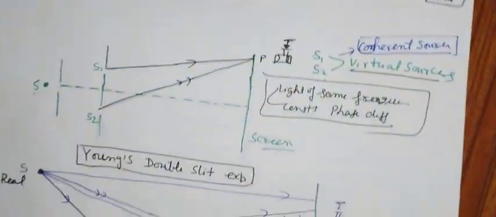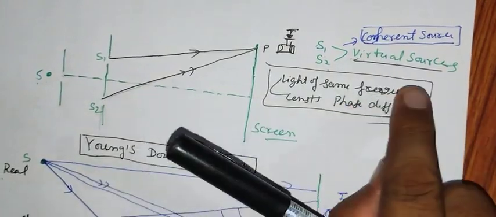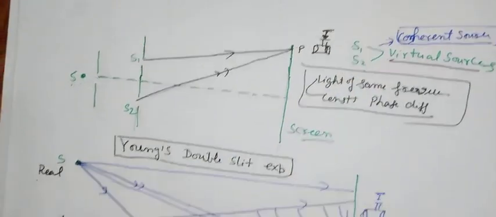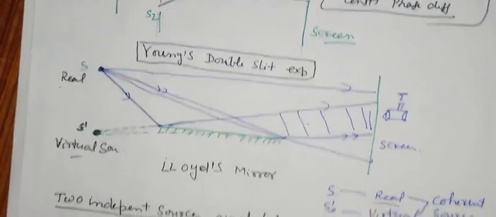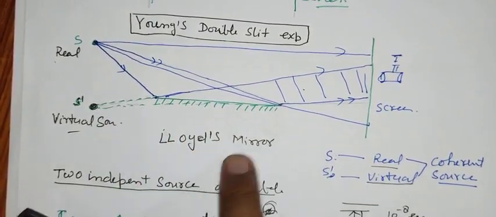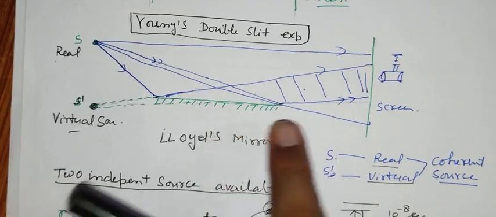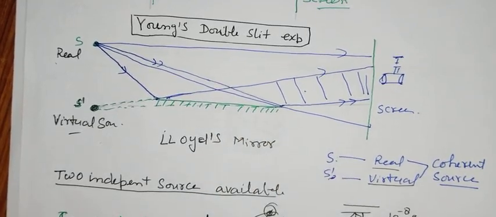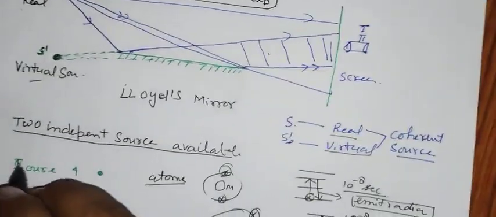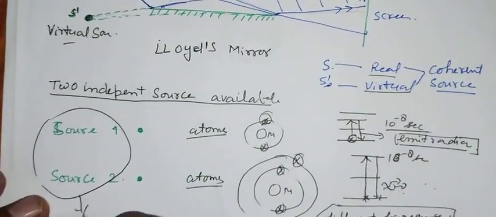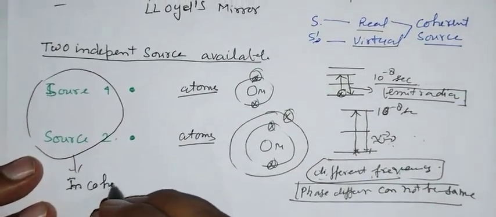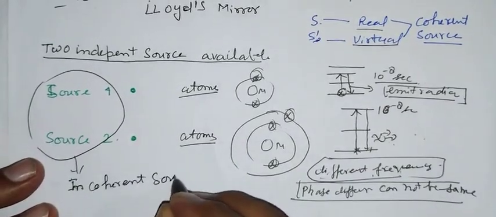It can be obtained only with coherent sources. Coherent sources are produced in Young's double slit experiment, and the second case is one real and one virtual source, as in Lloyd's mirror, where we see the interference pattern. So when we use these two sources, they are said to be coherent sources.